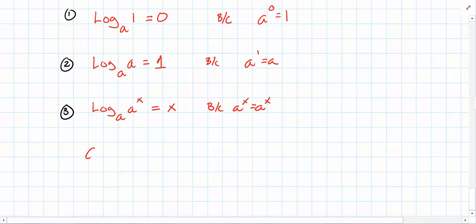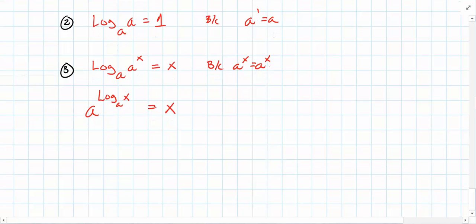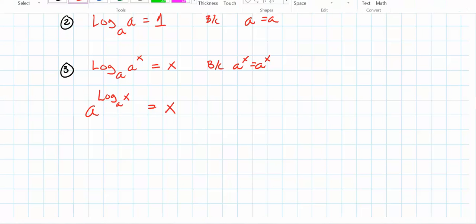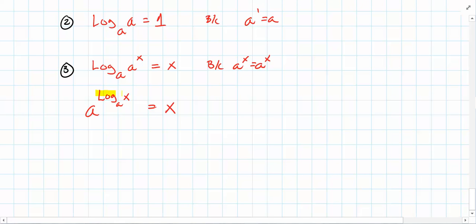We can also say A to the exponent of log base A of x. That would also give me back x. So part 3 has 2 different properties here. This whole entire piece up here is in the exponent. So A to the exponent of log base A of x would just give you back x.